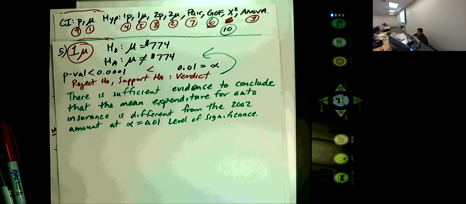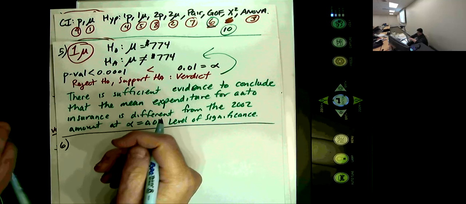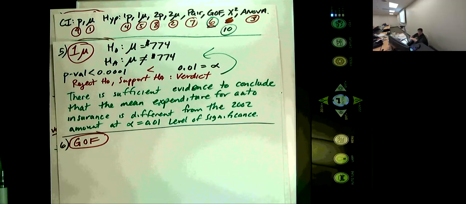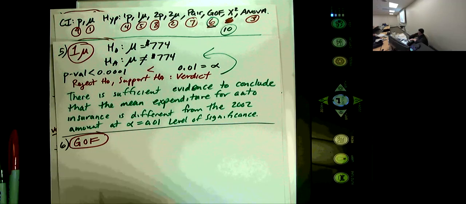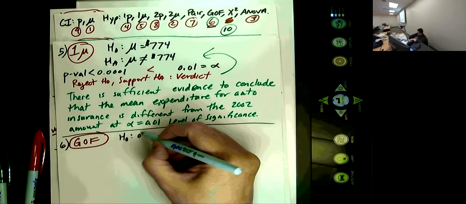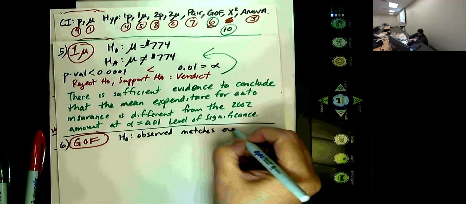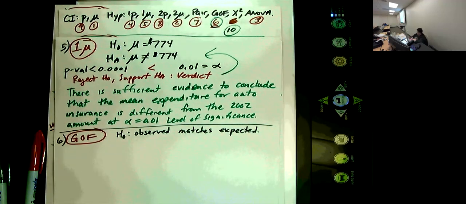Number 6, that was our goodness of fit. So the generic way of saying this is observed matches expected. If you want to do it right, make it look good.